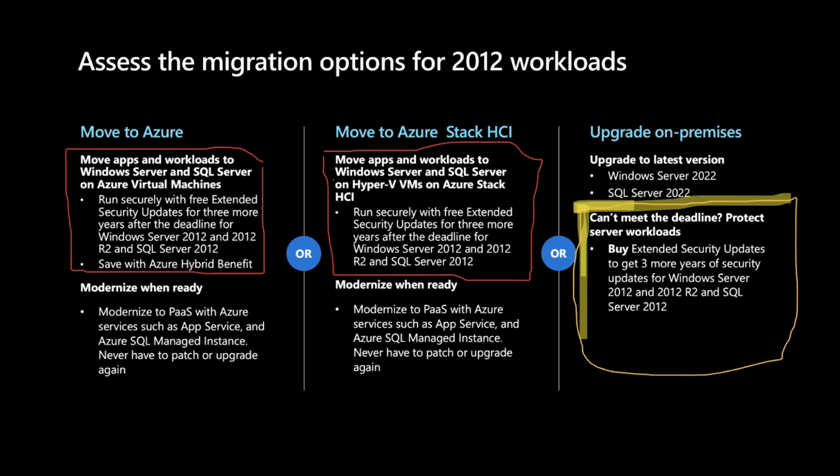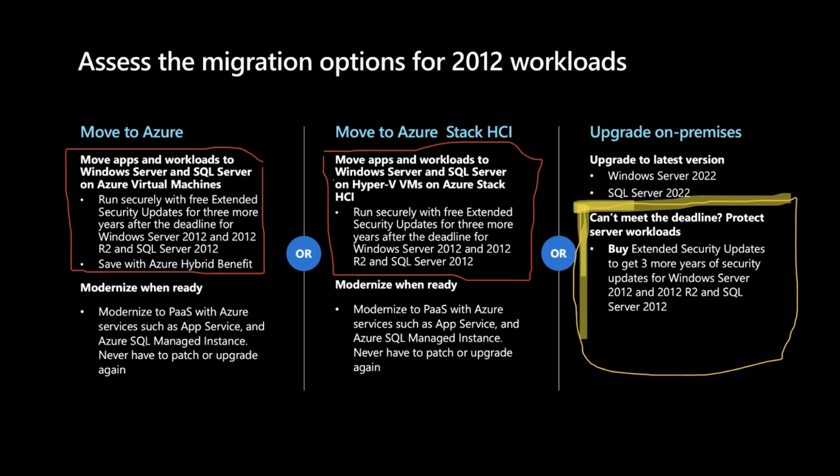Now, if those deadlines couldn't be met to move those workloads over, you're able to buy, or the end user is able to buy extended security updates to get more time to be able to move those workloads over. But that's all about purchase, and you'll see this suddenly becomes a very costly exercise on one of the next slides. If you look on the far left-hand side, the traditional way that Microsoft would look to focus was absolutely moving those workloads, those applications straight over to Azure.